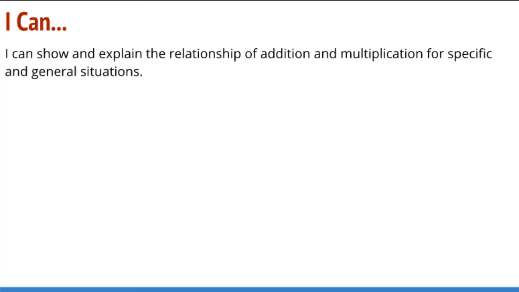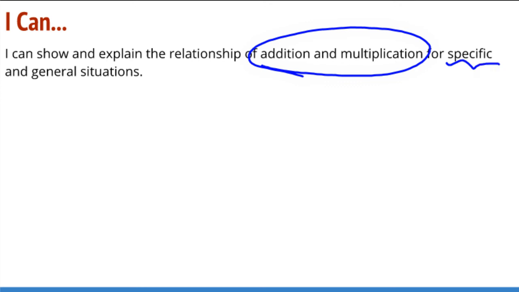All right, so quick look at our I can statement. So hopefully you can show and explain the relationship between addition and multiplication. Hopefully you can do that with specific situations. So 3 plus 3 plus 3 and 3 times 3. And hopefully you can do that for general situations.